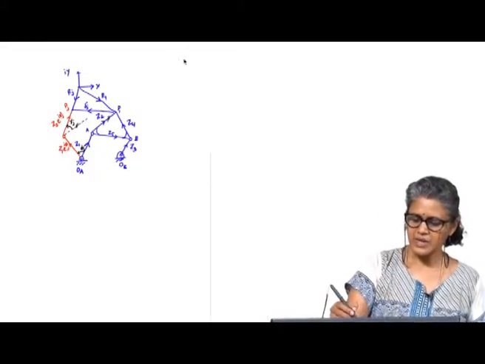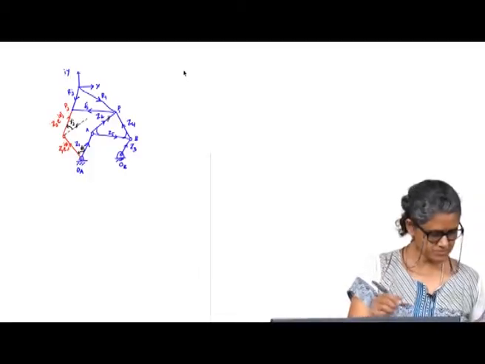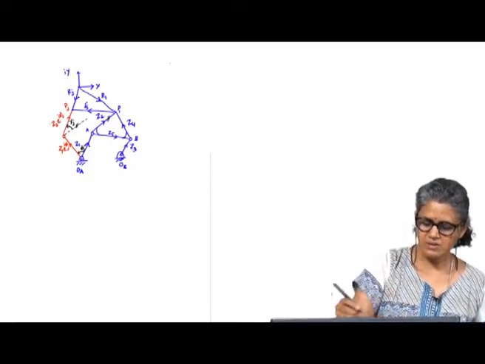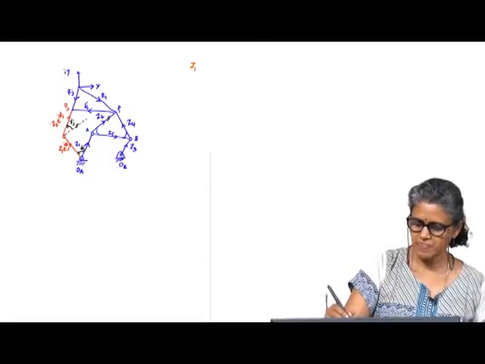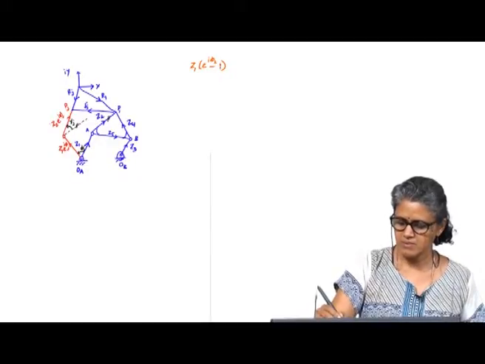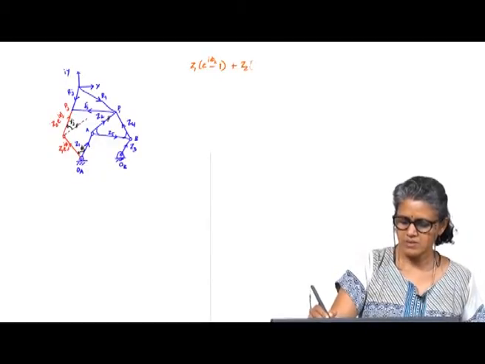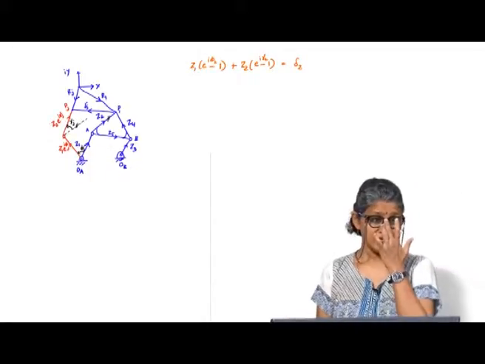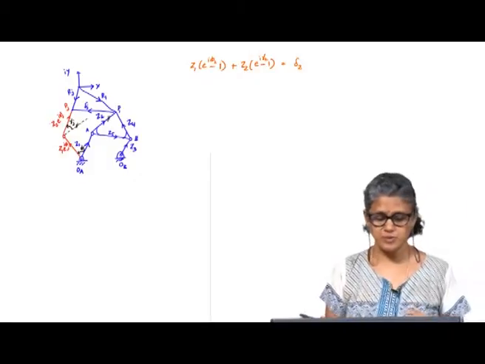So, we have Z1 (e power i phi 2 minus 1) plus Z2 (e power i gamma 2 minus 1) equal to delta 2, the dyad form, the standard form.